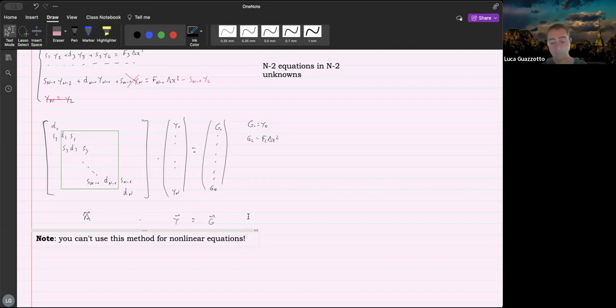You can make a vector of unknowns that is all the y's starting from point 1 to point n, and then all the w's starting from point 1 to point n, or you can have as unknowns y1 and then w1, then y2 and w2, and so on. Either choice, you're going to get the same result. What's the best choice depends on what your equation looks like.